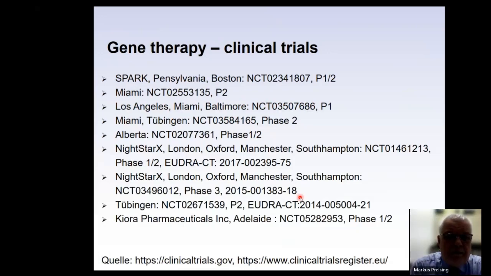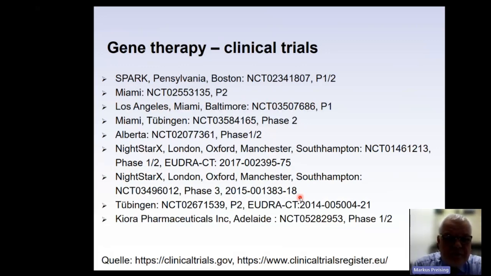But the problem, as you can imagine from the first slides I showed in this talk, is that we have lost those cells we need to provide visual acuity and visual function. And we cannot restore these cells.